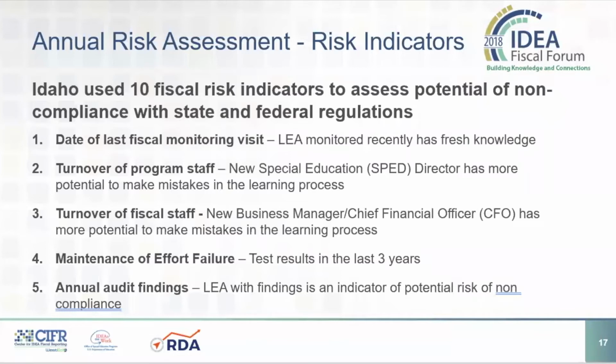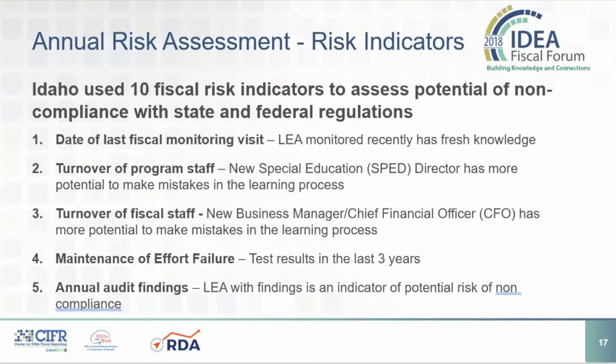And why did we select that? The first one was the date of the last fiscal monitoring visit. Why? Because an LEA that goes through fiscal monitoring had a chance to get some advice, guidance, and they implemented some changes, so they are less likely to make the same mistake. So that is a factor that could lower or increase the risk of non-compliance.